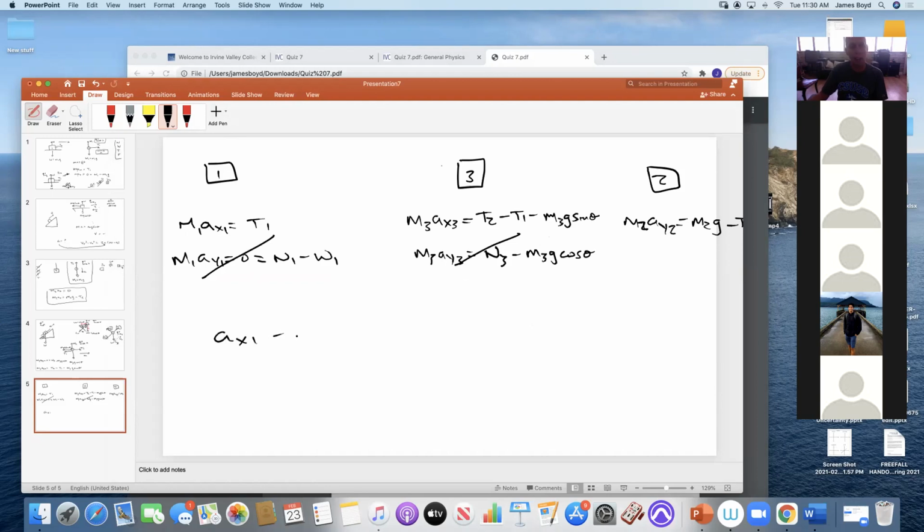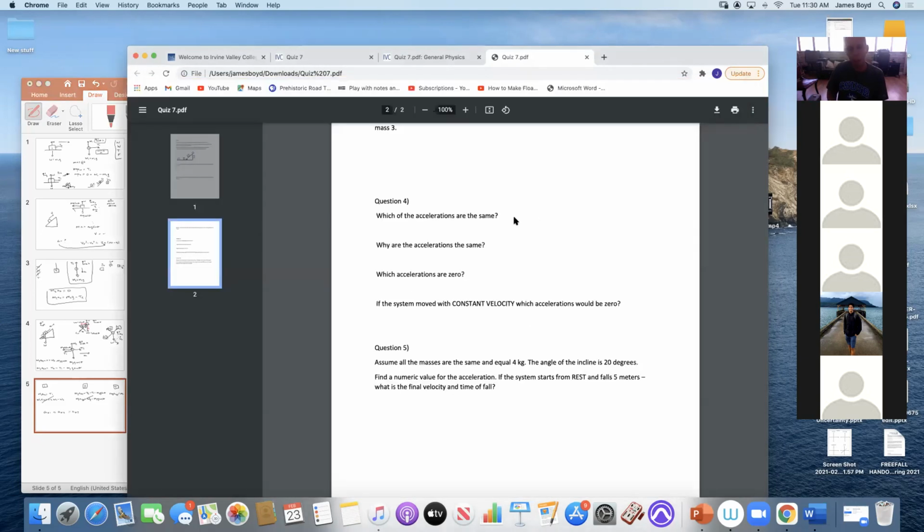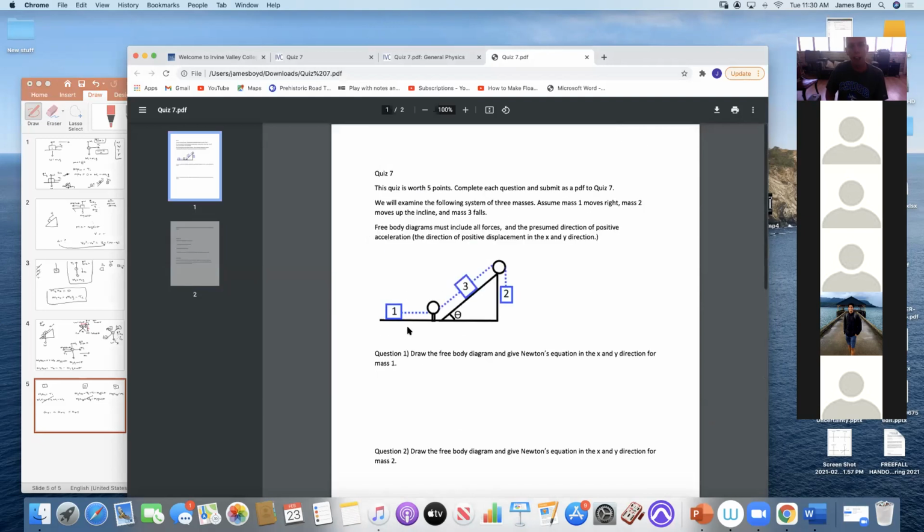Well, AX1 has to equal AX2, and it has to equal AX3. What that's saying in the picture is that the acceleration along here and along here and along here for the system has to be the same. So why would the acceleration of 1, 3, and 2 along the direction of the rope be the same?